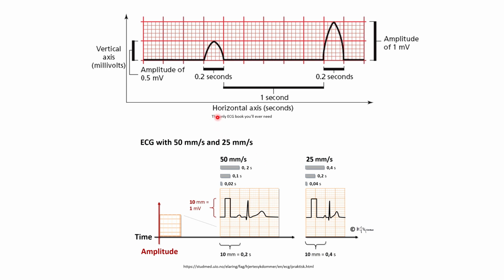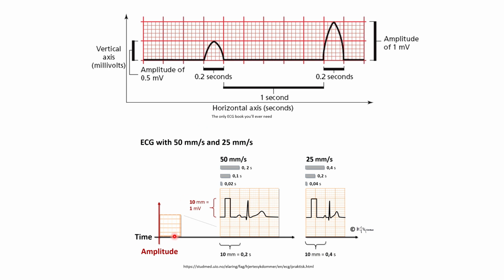And when it comes to the amplitude, we have to remember that the amplitude is about the strength of the electrical impulses that are moving through the ECG paper, whereas the speed, I mean the caliber. We have two things on the ECGs that we really have to look at before reading any type of ECG.